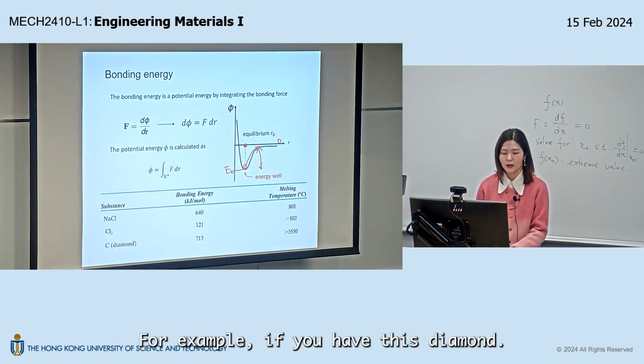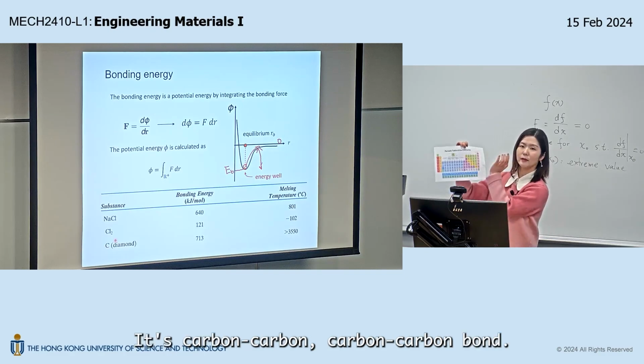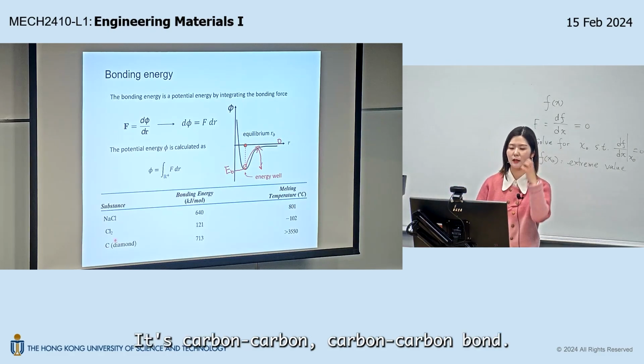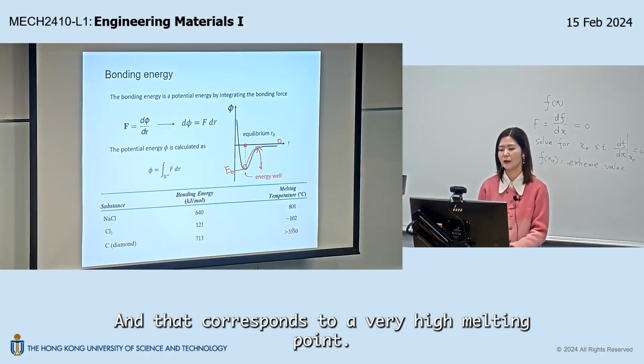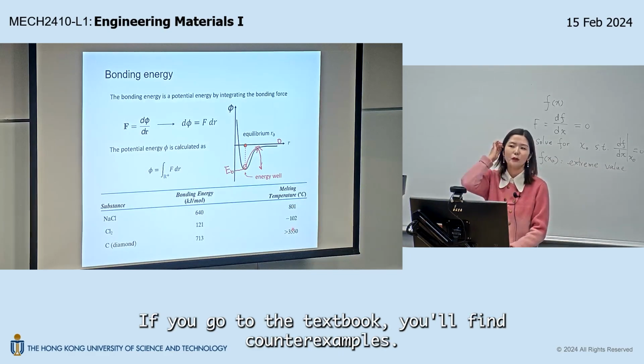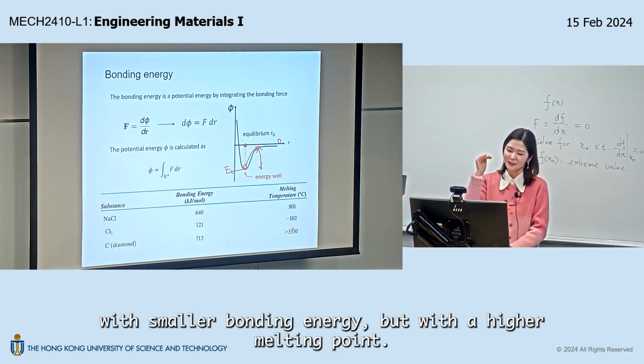For example, if you have diamond, right? Diamond is a carbon-carbon bond, and its bonding energy is even higher, and that corresponds to a very high melting point. If you go to the textbook, you'll find counterexamples. You'll definitely find counterexamples with smaller bonding energy but a higher melting point.